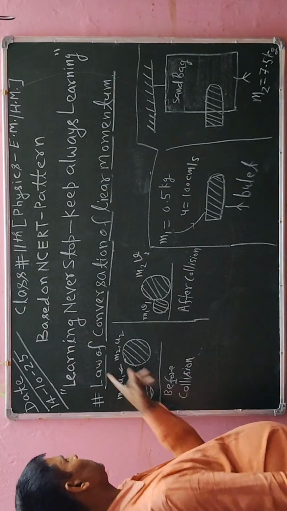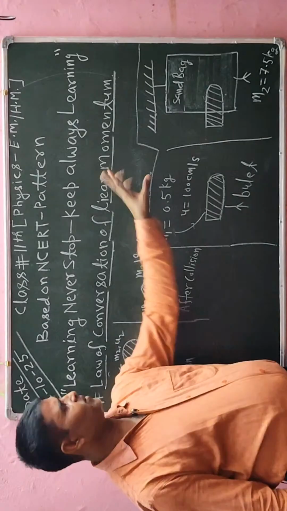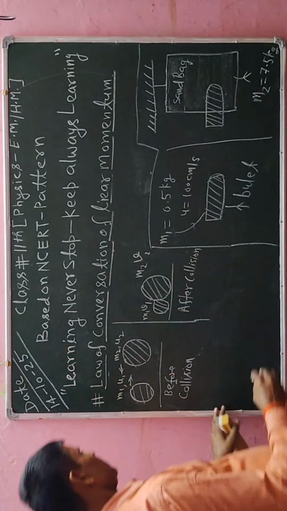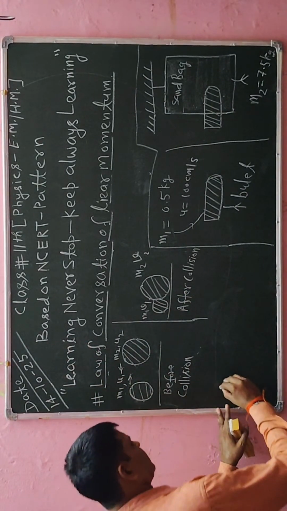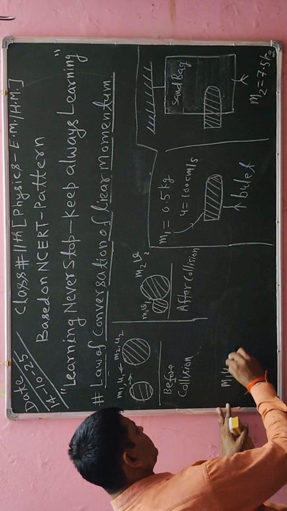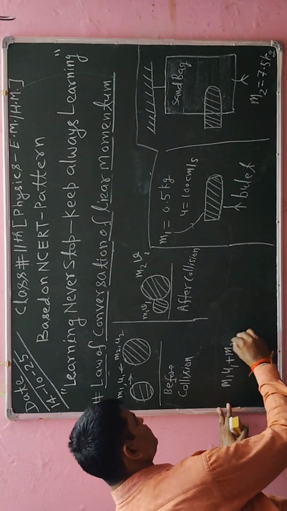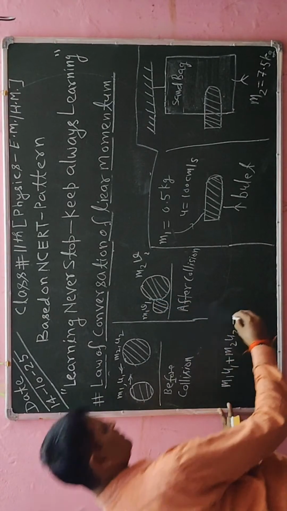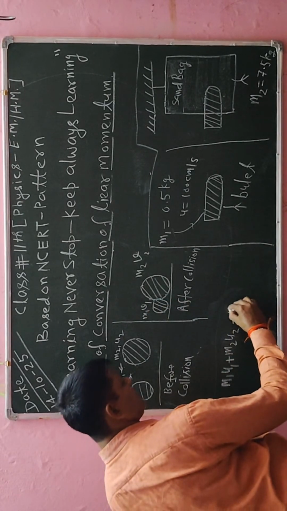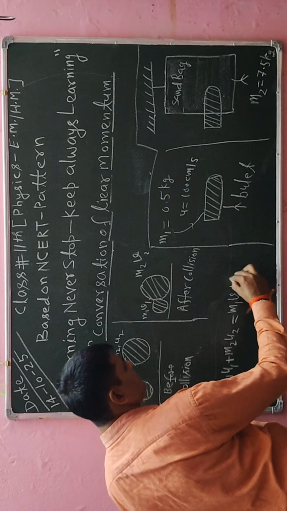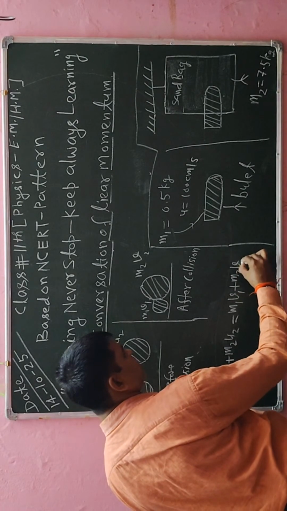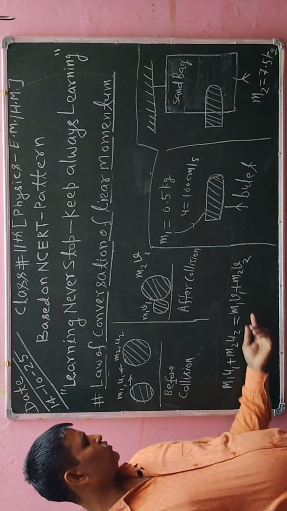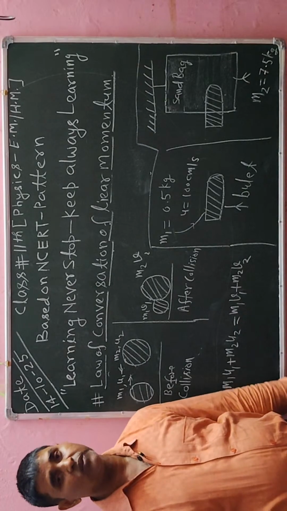But according to the law of conservation of linear momentum, we have to write its concept like this. Here I will write m1 u1 plus m2 u2, which is equal to m1 v1 plus m2 v2.